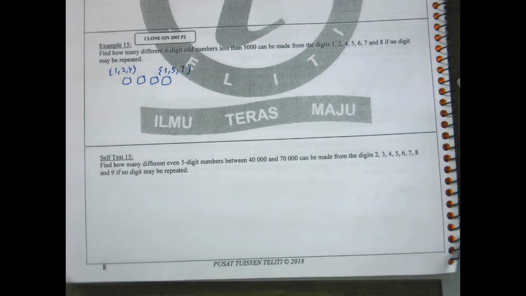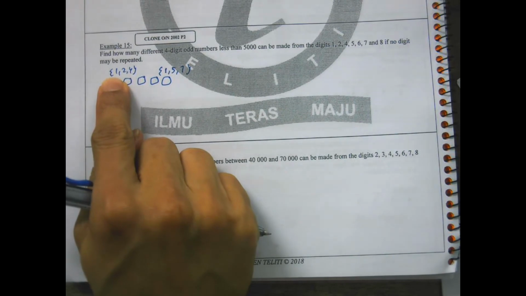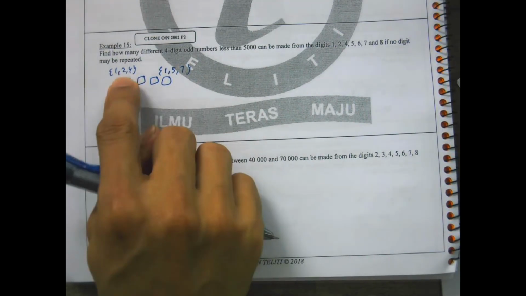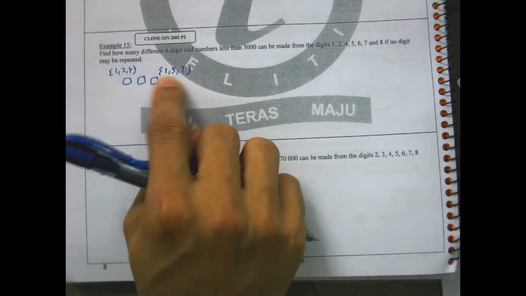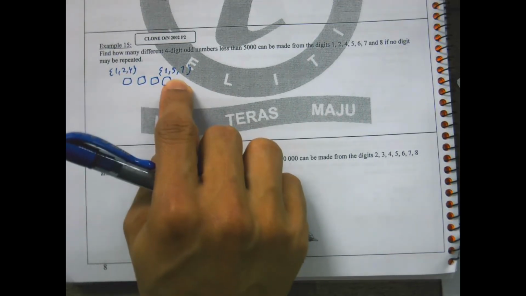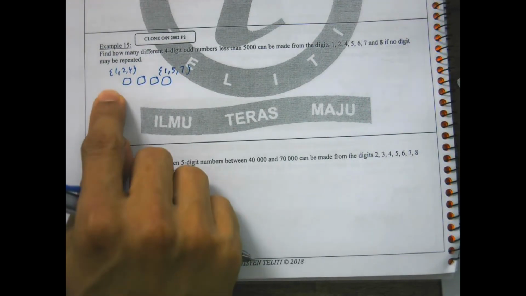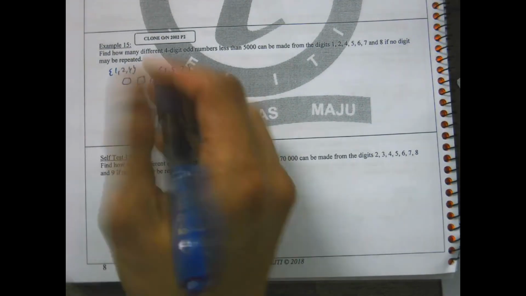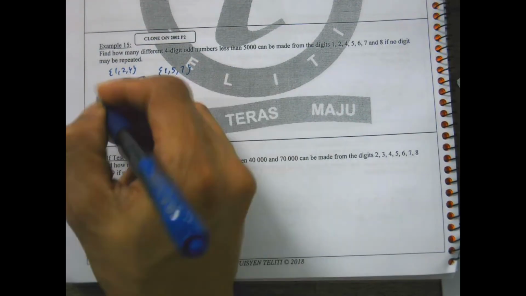Now here's the problem. If I start with 1, I need to reduce the number of options by 1. If I start with 2 and 4, it doesn't affect my selection here. Correct? So what I choose in the first digit matters. Yeah, it affects the solution. So under this situation, you have to do 2 cases.